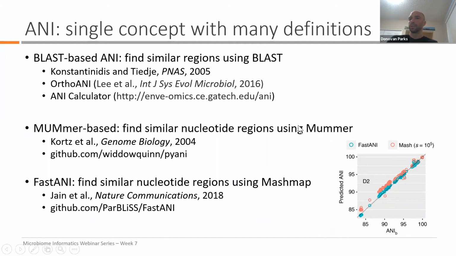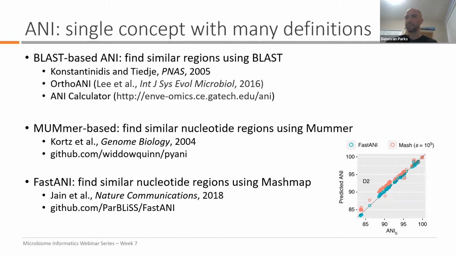Now what the little image is depicting here is just the correlation between a BLAST-based ANI on the x-axis here and FastANI is shown by these blue circles. And I just wanted to point out that these methods are highly correlated. This generally is the result for all these different methods of producing ANI that, of course, they're not identical, but they're highly correlated.